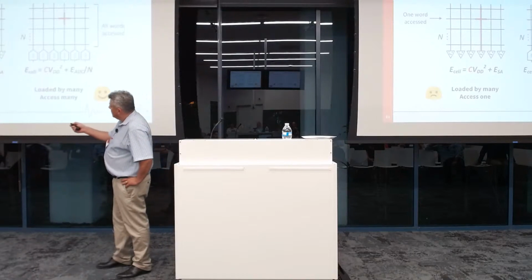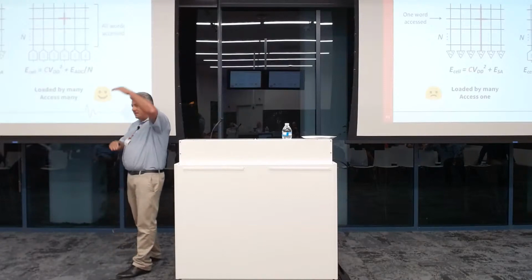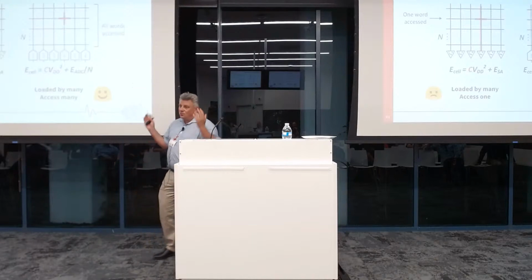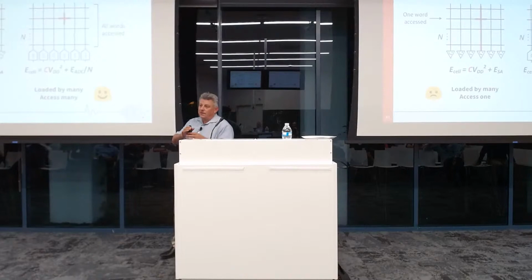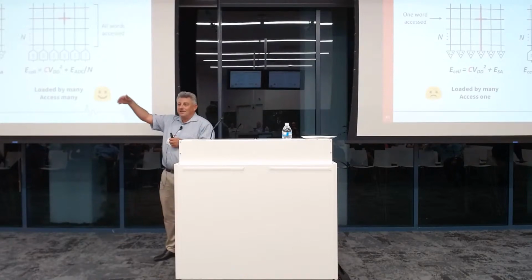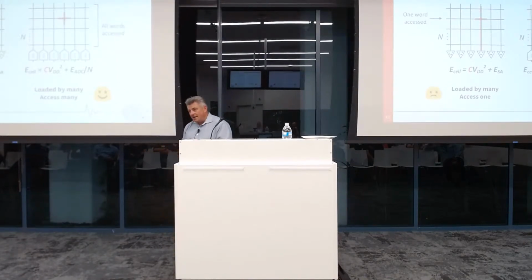You activate one word and you read out this word, and this word has to travel a bit line that in length corresponds to the height of this entire SRAM. That is really wasteful. This is why, remember in the beginning of the talk when I said a 1K SRAM is this much energy, a 10K is 10 times more, and so on. This is where that comes from. Random access means you have a lot of parasitics to traverse when you pull out a bit.